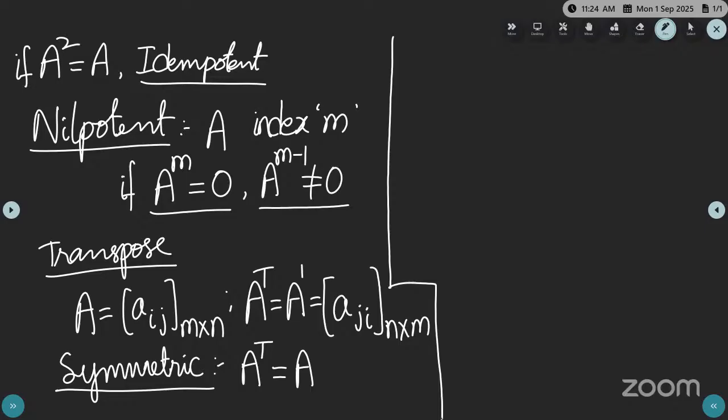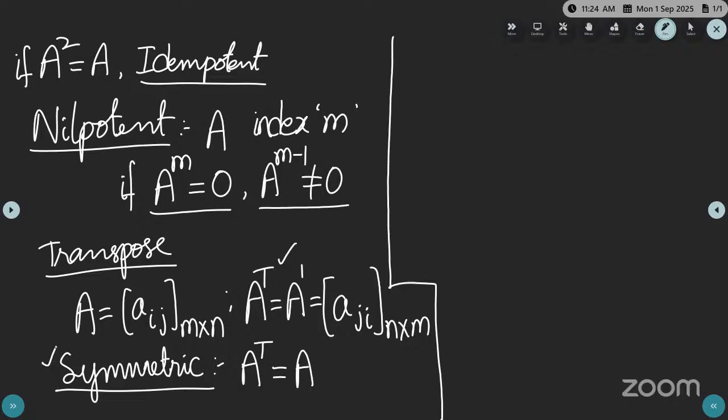You can write transpose for either rectangular or square matrices. But what is symmetric now? When you say symmetric, A transpose equals A. If it is m by n, the transpose will be n by m. These will be equal only if m equals n.